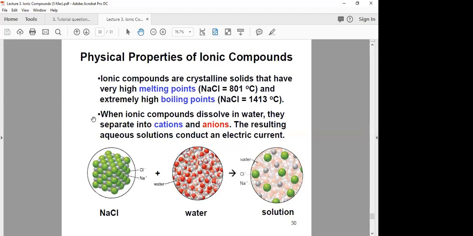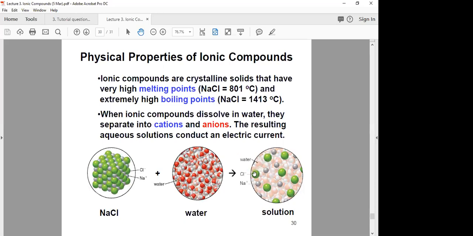Okay, when ionic compounds dissolve in water, they actually separate out into their respective cations and anions. And the resulting aqueous solution will conduct an electric current. So if we take solid sodium chloride, which of course is just common table salt, and dissolve that in water, then look at what happens.